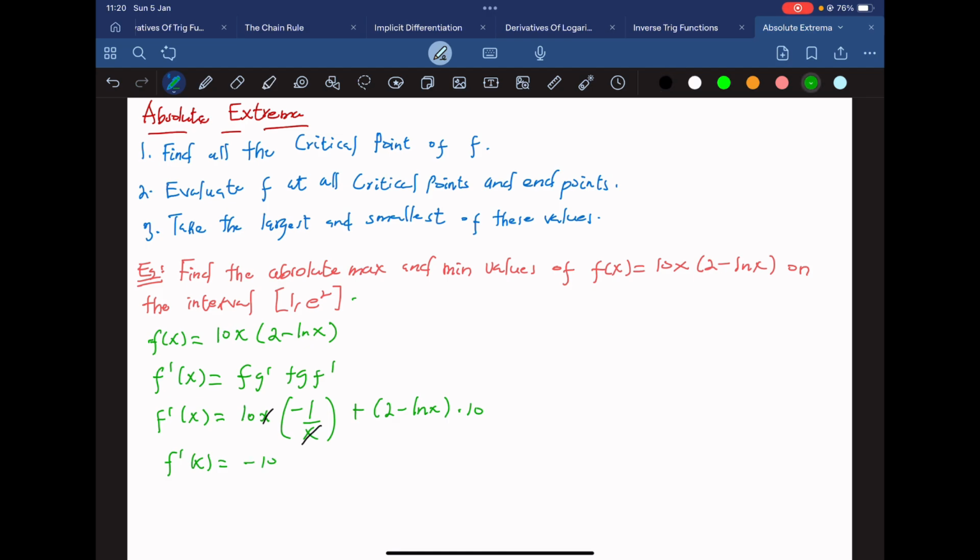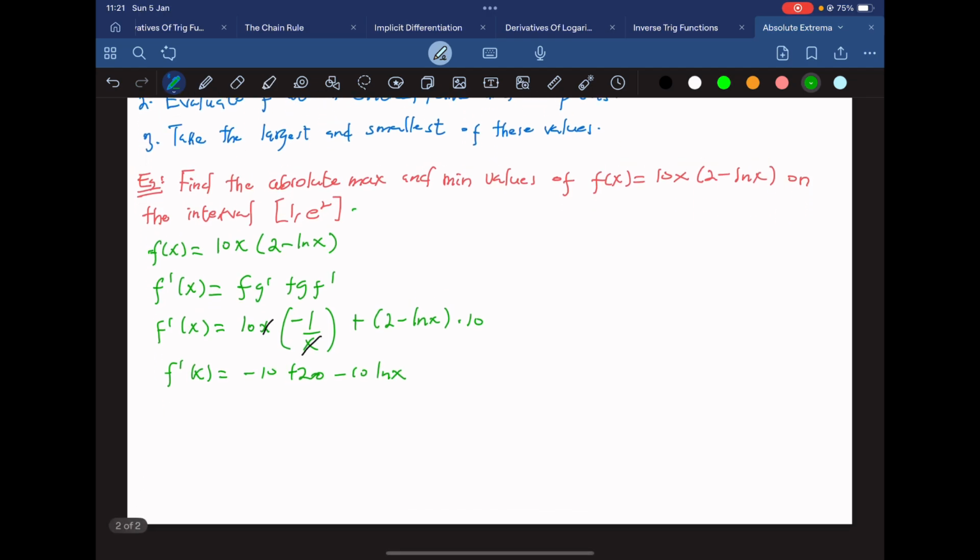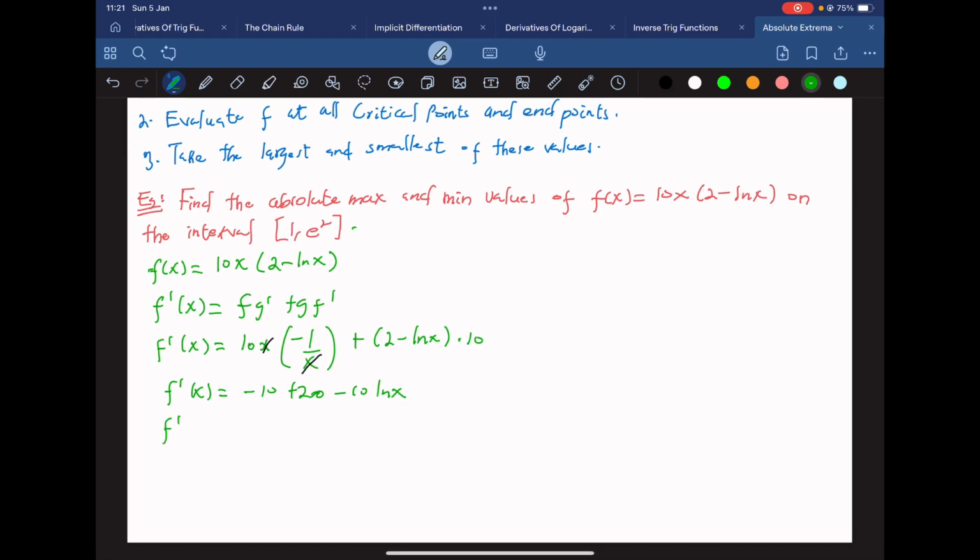Then if we distribute the 10, we get positive 20, then minus 10 ln of x. So our f prime of x is negative 10 plus 20, that is positive 10 minus 10 ln of x.